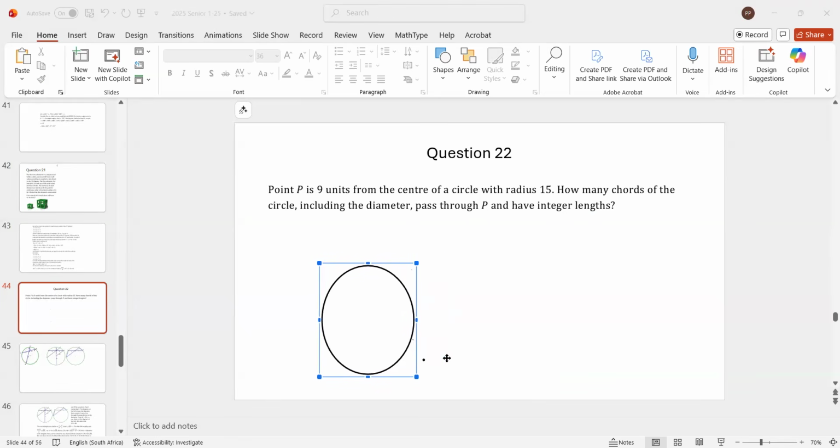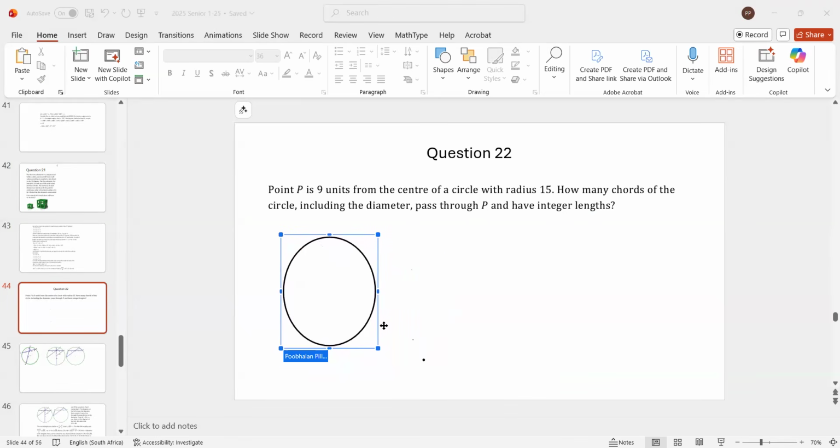Oh, at least I discovered something. Okay, so you've got a circle and you've got a point P inside this. It's 9 units from the center. Let me just make this thing a little bit bigger. Yeah, that looks more like a circle.